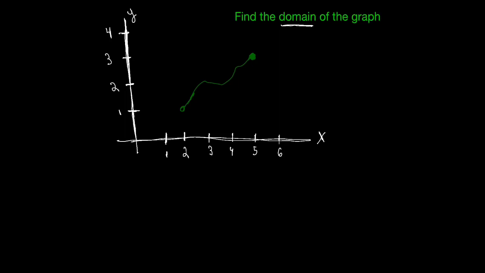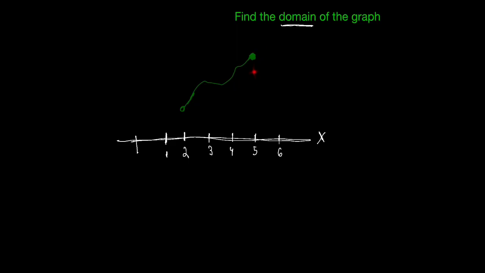And let's just ignore this y-axis because it's not going to play a pivotal role in getting the domain. So let's find our lower bound here. Let's begin with the endpoints. I have one to the left and one to the right.